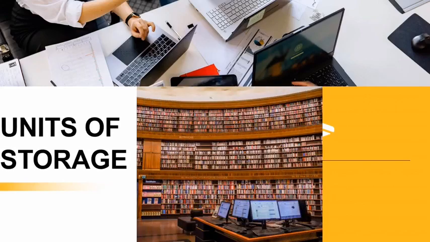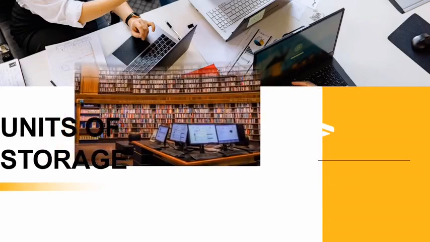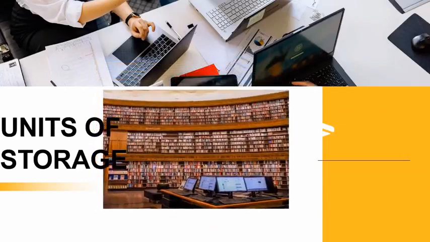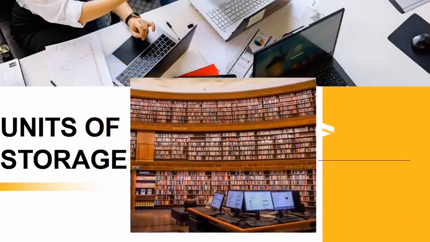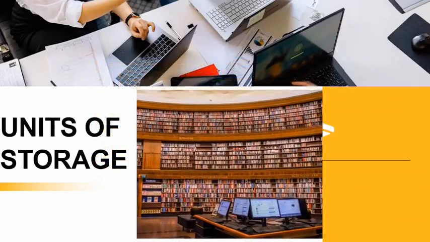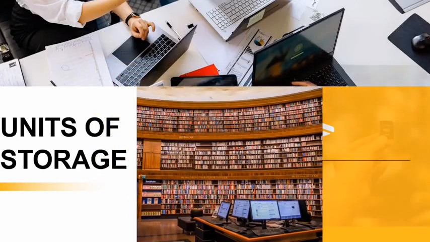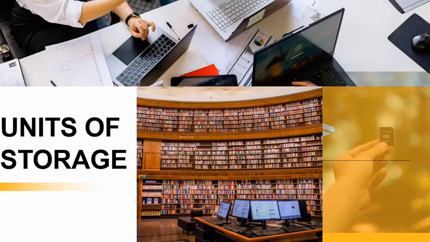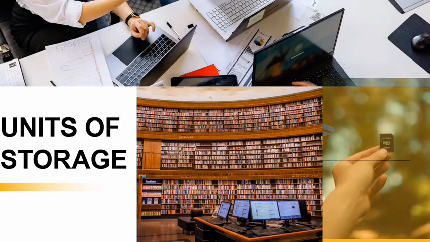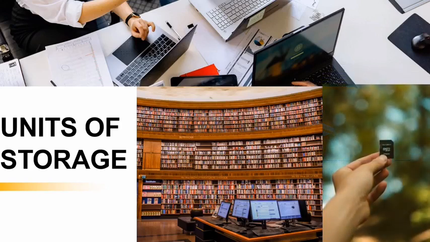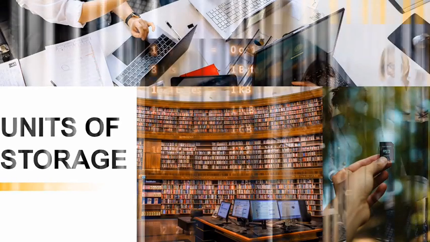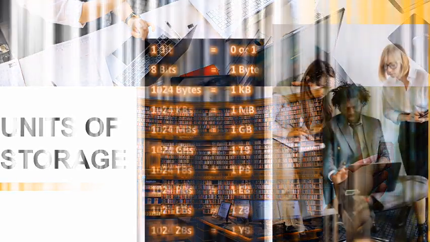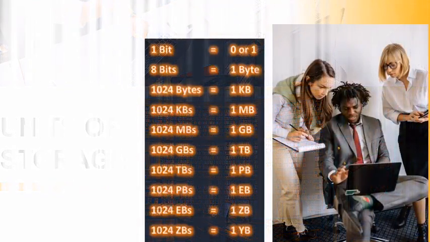Okay, like we said before, just like any other measurement we do, we measure the data that we store in units. So no matter how much data there is, you can measure it, and that is why a small memory card can store so much data, because that data is broken down into smaller quantities so that it can be stored.